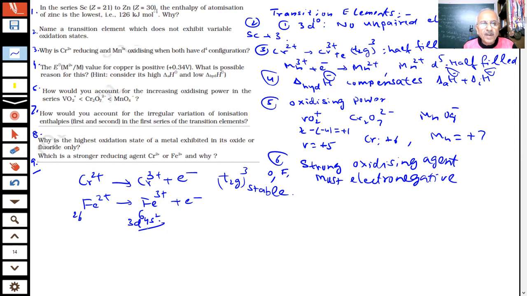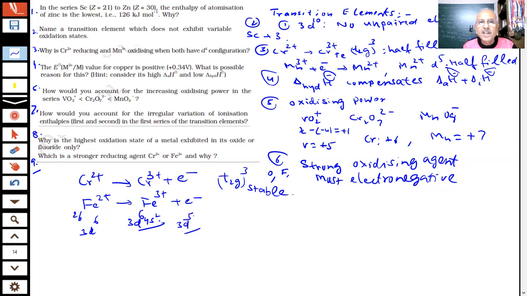Then what will happen? Scandium, titanium, chromium, manganese, iron. Iron 2+ is 3d6. Iron 3+ is 3d5. 3d6 to 3d5, that is also a stable configuration.